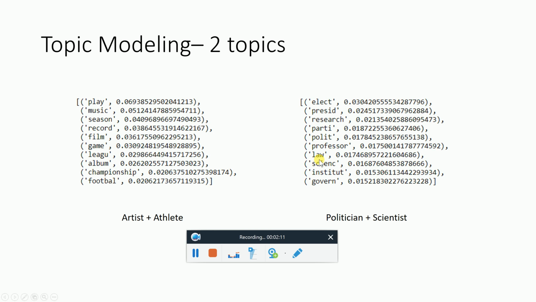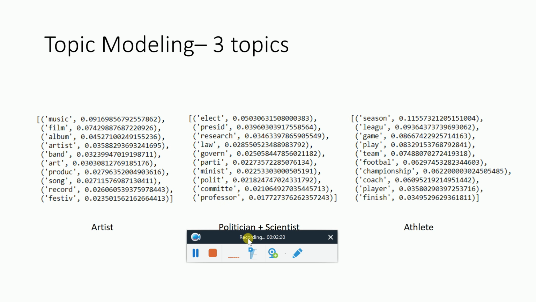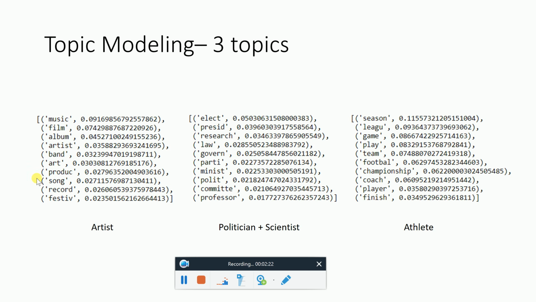So we will see if we increase the topics, it would help us to have a better result. So if we use 3 topics, we can find the artist was alone. The politician and scientist were clustered together, and the athlete was also apart from the artist. So it works.